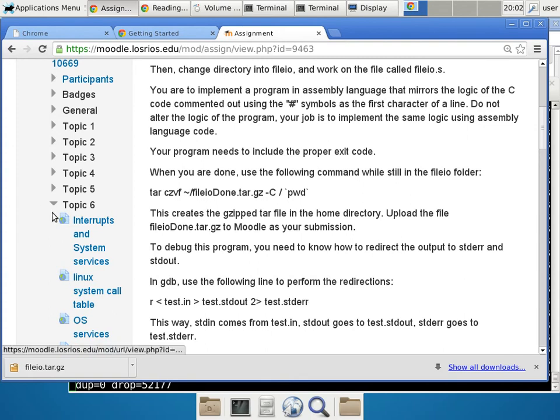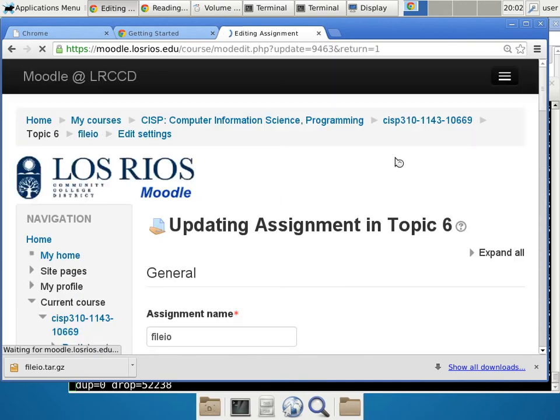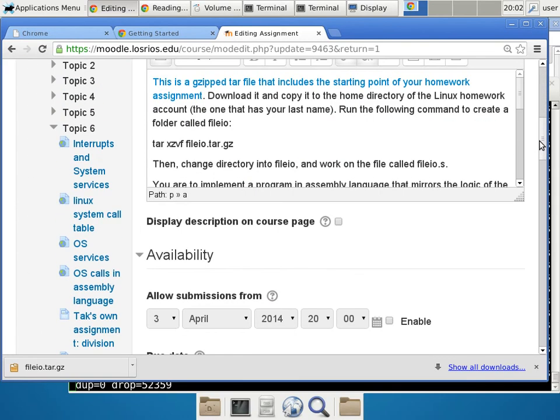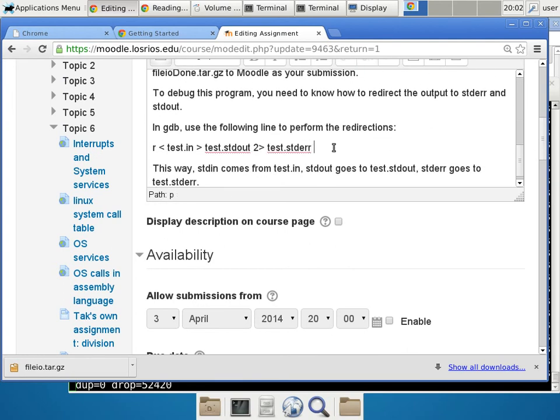So let me change the description of the homework to match that. I did go over an example last time of how to test your program and check whether it's working correctly or not. Because you will have 3 outputs in this case.